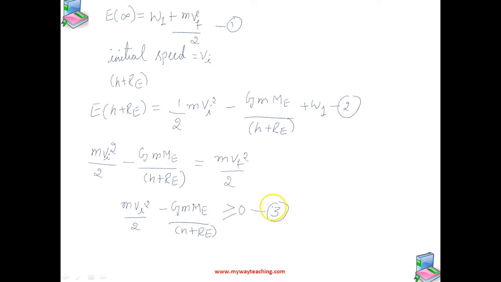Thus, the minimum speed required for an object to reach infinity, which means escape from the earth. If you throw that object, it will never come back towards the earth. That is what is called escape speed.